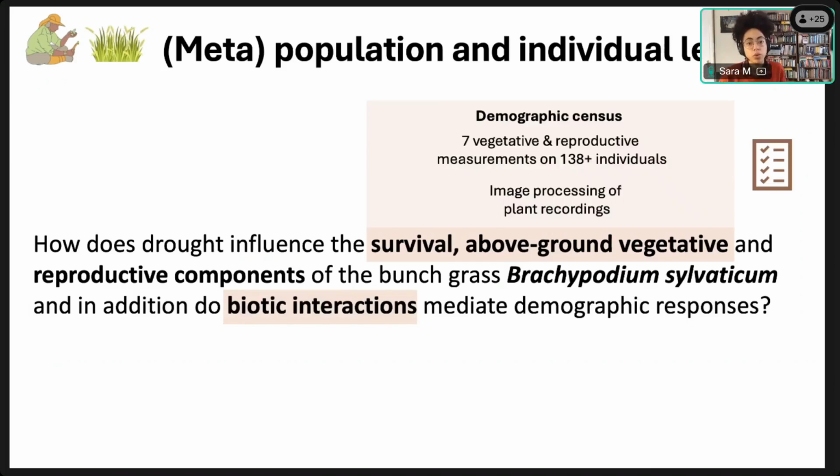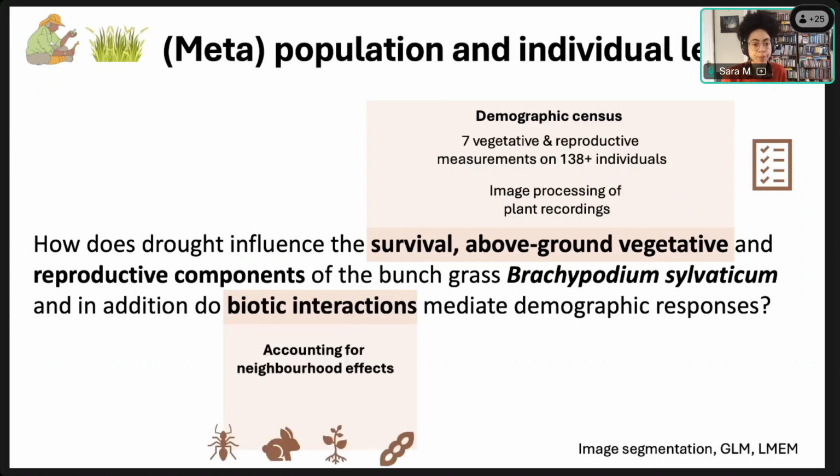So that involved doing a demographic census. I tagged 138 individuals and involved a lot of image processing of the plant recordings. And in terms of biotic interactions, we're looking at the presence of ants, rabbits, species richness in the neighborhoods, and also legume species.